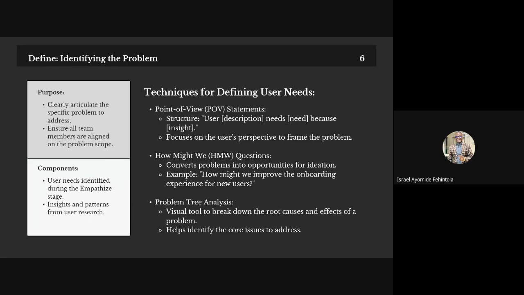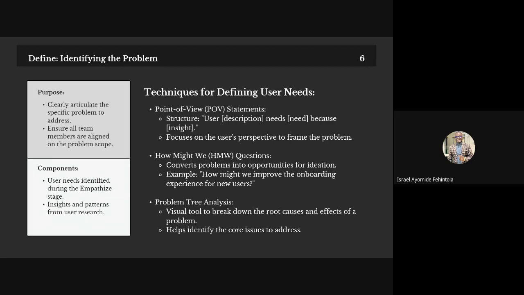So the point of view statement is a concise structured statement that helps you frame the problem from the user's perspective. The structure looks like: user needs something because of this. For example, you are designing a better onboarding experience for new users on your app.